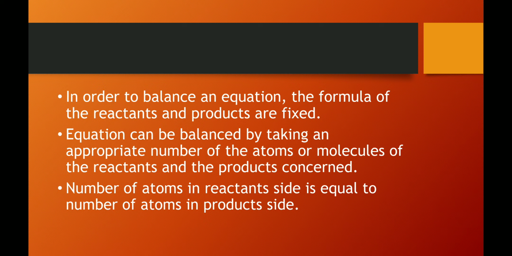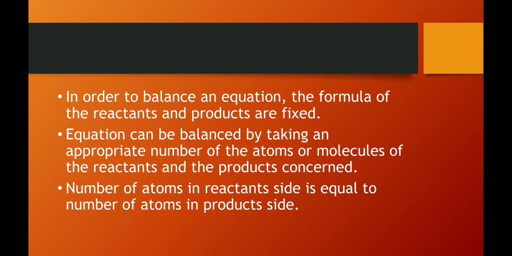In order to balance an equation, the formulas of the reactants and products are fixed. A chemical equation can be balanced by taking an appropriate number of the atoms or molecules of the reactants and the products concerned.